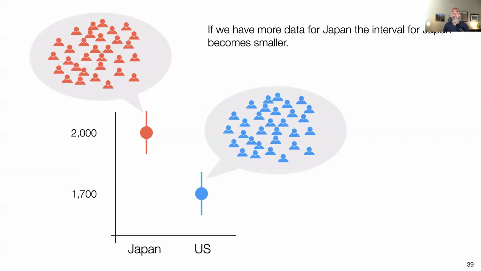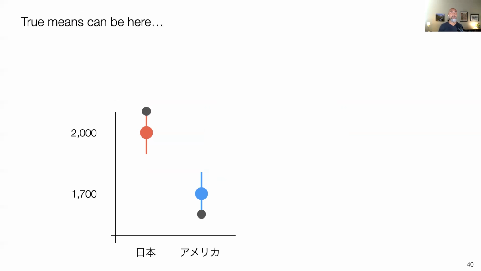But if we had more data in Japan, let's say we have more customers in Japan for some reason, then the confidence interval can become shorter, right? And at this point, again, the true mean can be here. Oops, sorry, on the x-axis the left-hand side is Japan and the right-hand side is United States. And the true mean can be here.